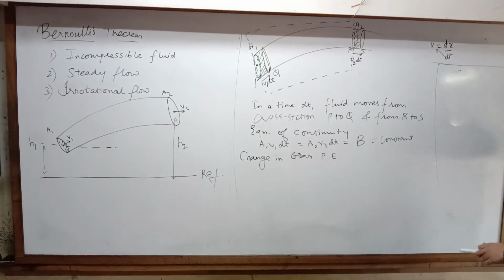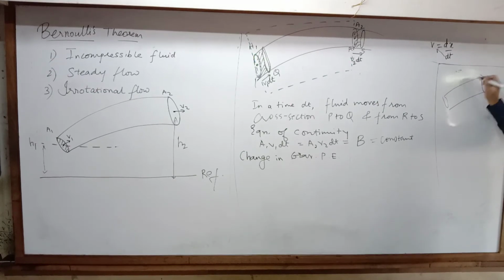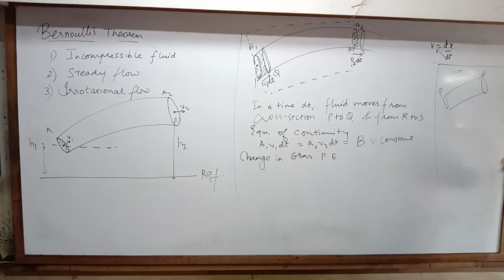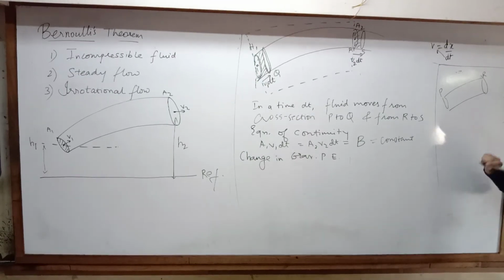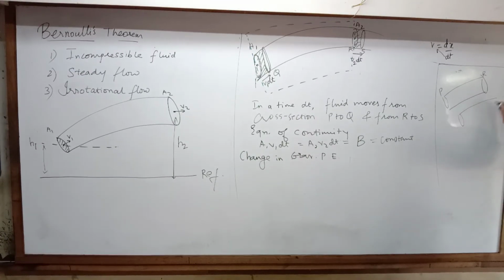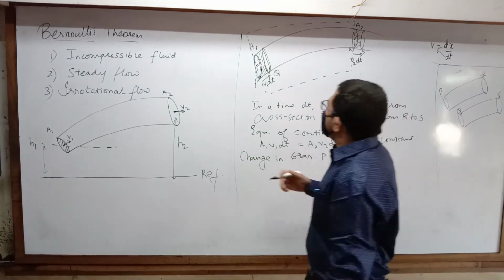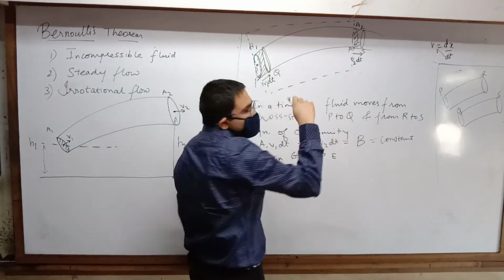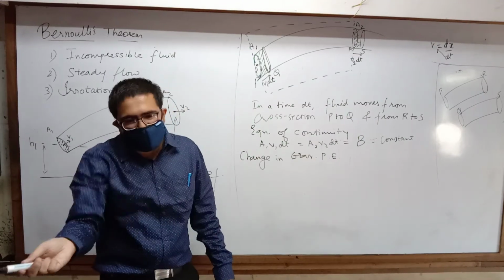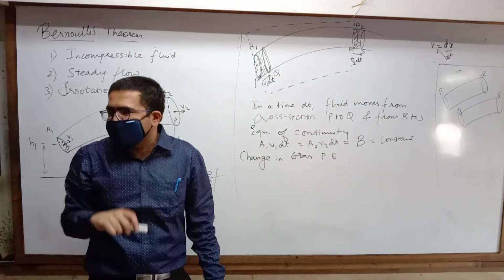I remember that people had trouble last time. So this is the initial position of the fluid, of our system, yes or no? P to R. What's the final position of the system? Q to S. Okay, can you realize that the shaded part is common? Oh sorry, shaded part is not common, the remaining part is common, yes or no?